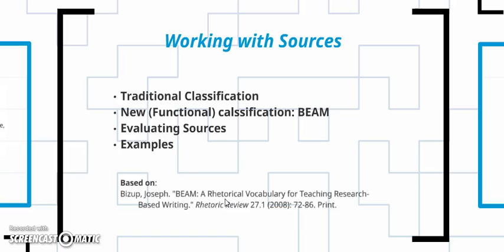The reason I went over that is because this is correct MLA formatting, and for your research paper you're going to use MLA style documentation. I'm not going to teach you MLA style documentation because I think the way you learn how to do MLA documentation is by doing MLA documentation.